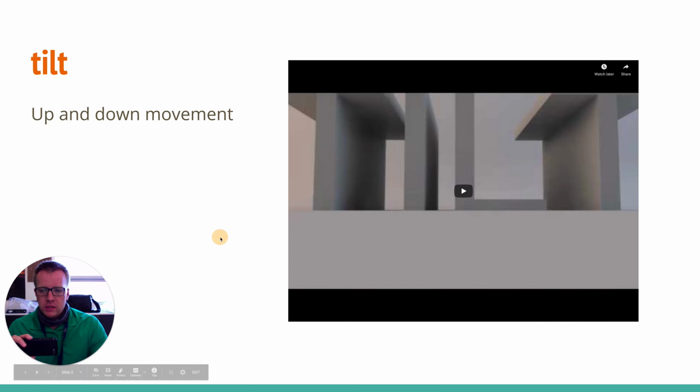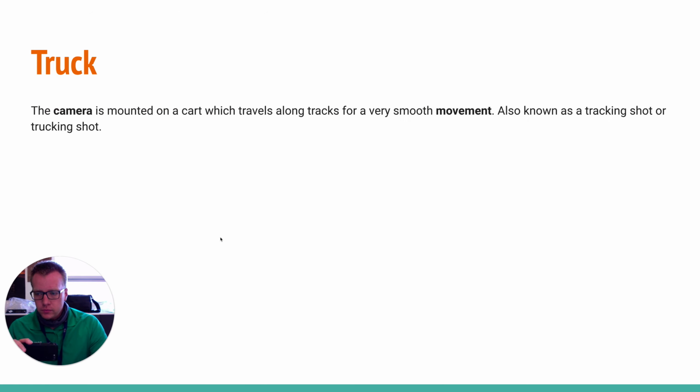Let's jump back into these slides really quick. A truck is where the camera is mounted on something that moves from side to side. So it's similar to a pan, right? Our pan is this movement, where we're twisting the camera.